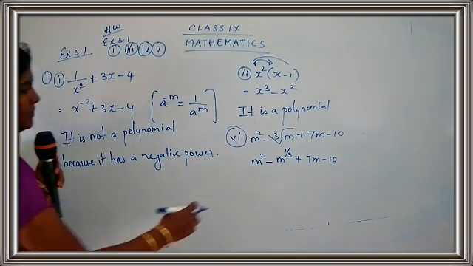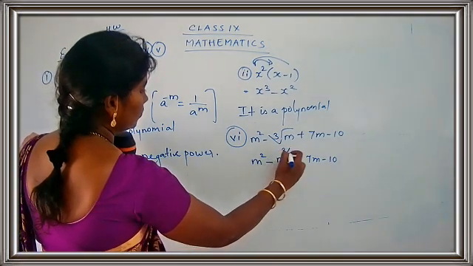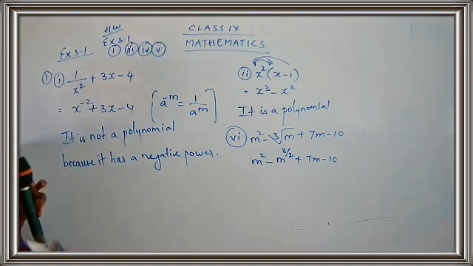So cube root will be written as m raised to 1 by 3. You write m square minus m raised to 3 by 2.